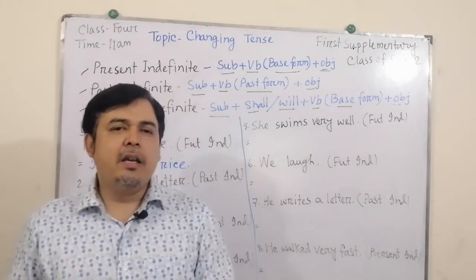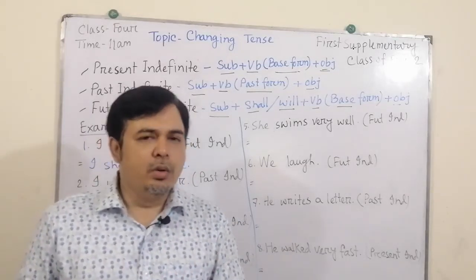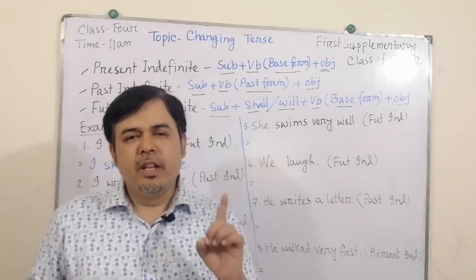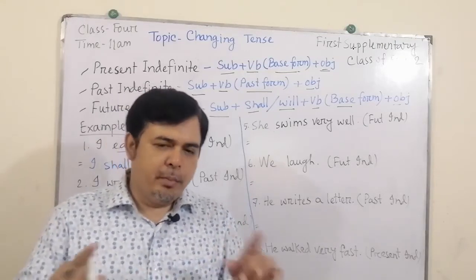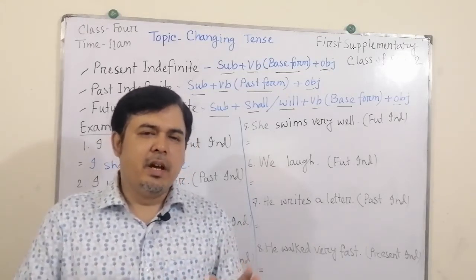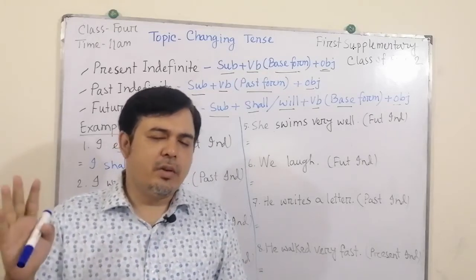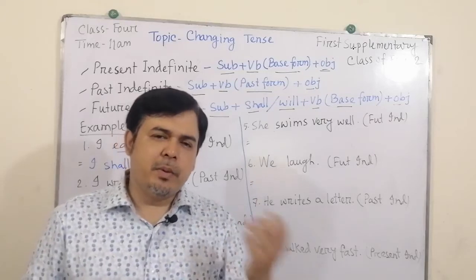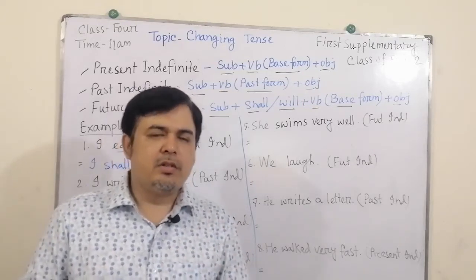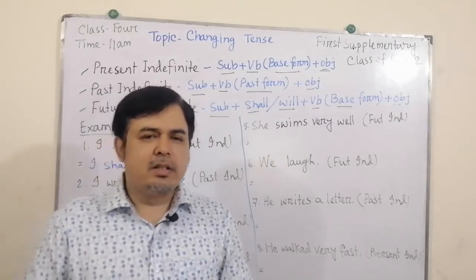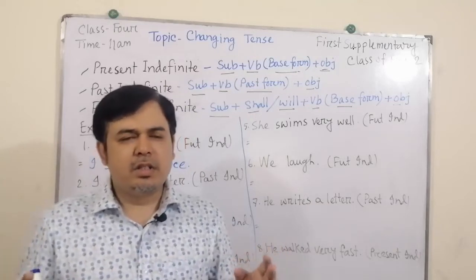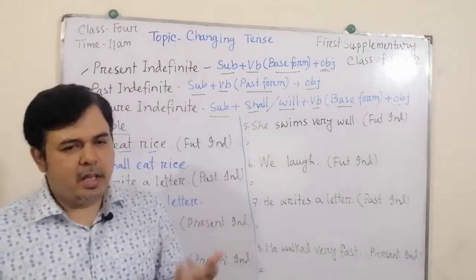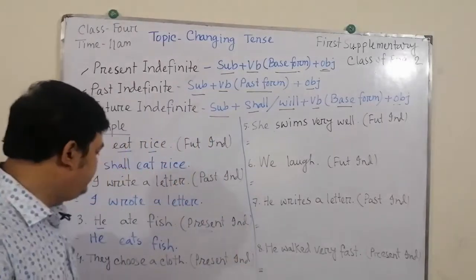Except I, we, you, almost all the things of the world are third person singular number. All the names of persons, animals, things, and also he, she, it are third person singular number.